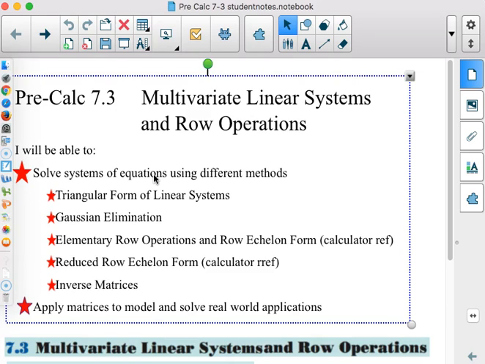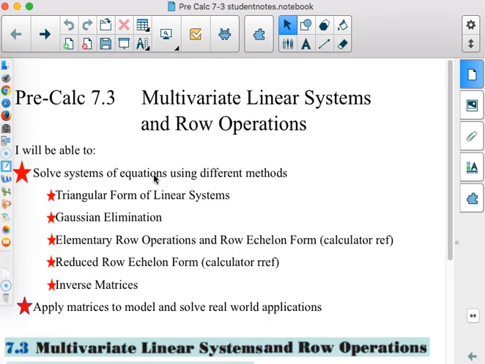And then the better one when you want to solve, which is reduced row echelon form. And on our calculator, that's going to be RREF. But again, we need to know how to do all this stuff by hand for the non-calculator portion of the test. You just need to know there are also calculator steps to do that. Then inverse matrices and applying matrices to model and solve real-world applications, which will be tomorrow, I'm certain.